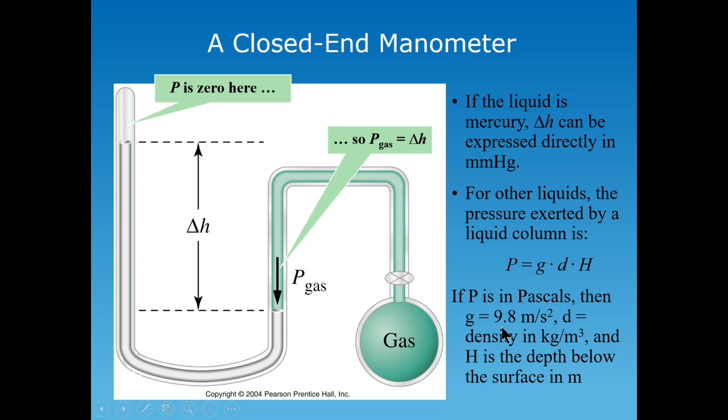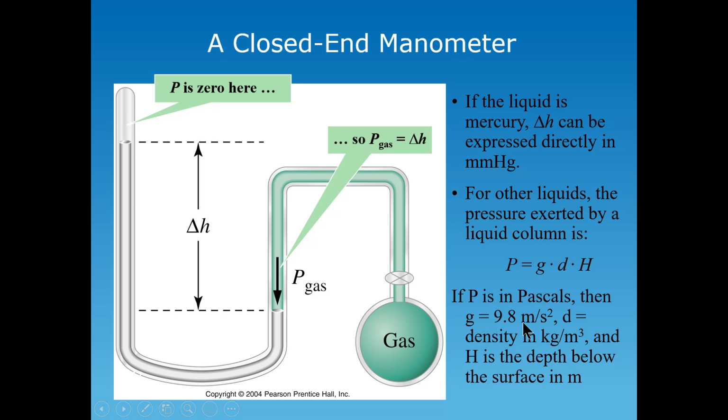G is known as the acceleration due to gravity. This is a term that, for those of you who will do physics, you're going to understand the importance of. I won't explain that right now. D is the density of the liquid, which in this case is mercury, expressed specifically in kilograms per meter cubed.